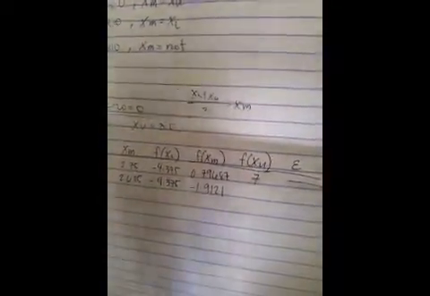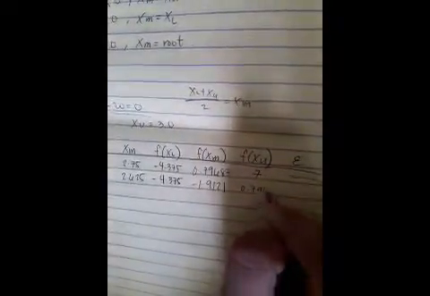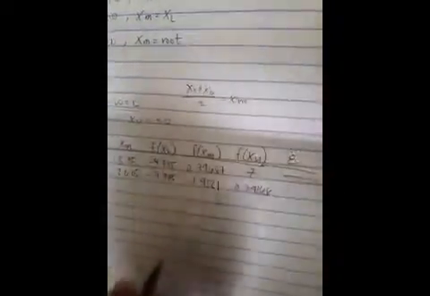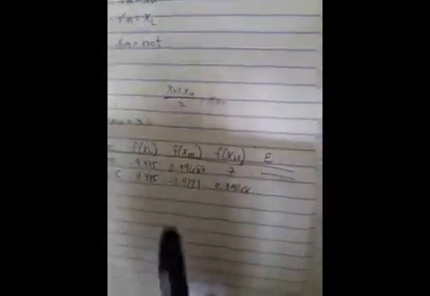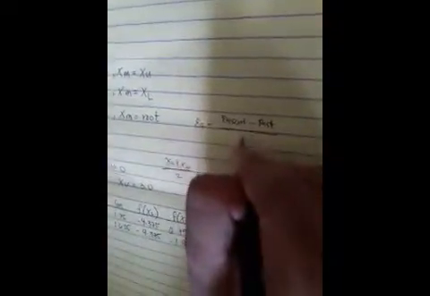We will get here 0.79168. And for the percentage error, the formula there is present minus past over present times 100.